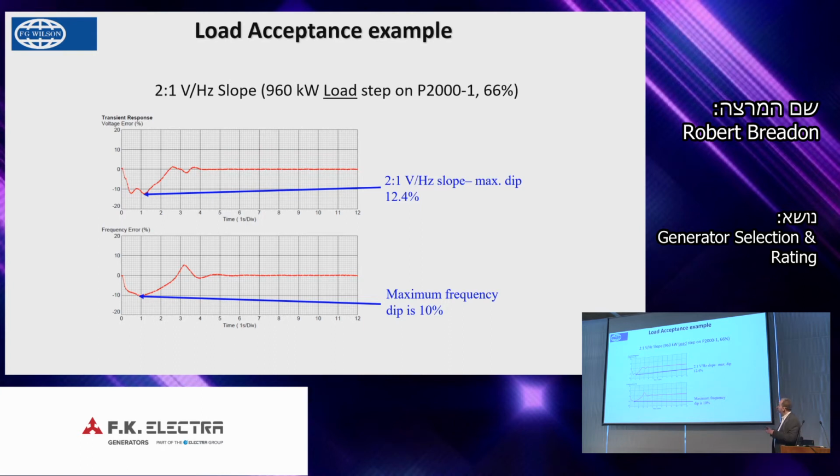If there was no voltage slope or no relief in this engine, we wouldn't be able to provide as high a load step. All the manufacturers, all our competition, use the same method when quoting load step performance. They're not just basing it on the engine, they're basing it on the genset and the alternator performance.